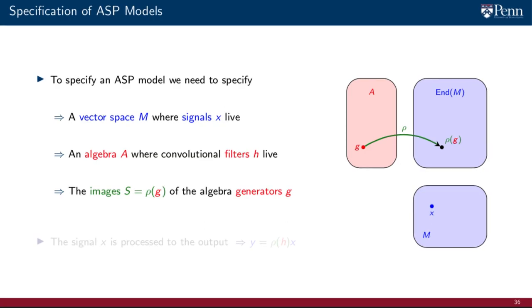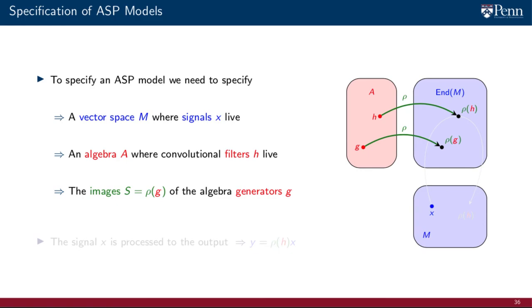Very importantly, the specification of the homomorphism can be reduced to the specification of sheaf operators. These are the images rho of G of the algebra generators G. If we specify the mapping of the generators, the homomorphism gets defined for any other filter.